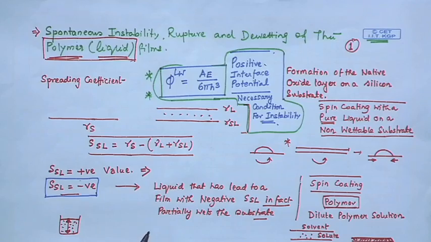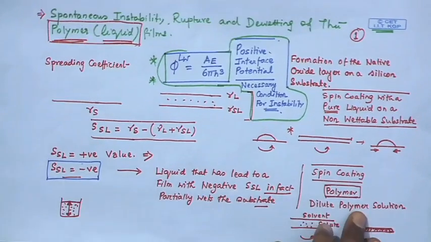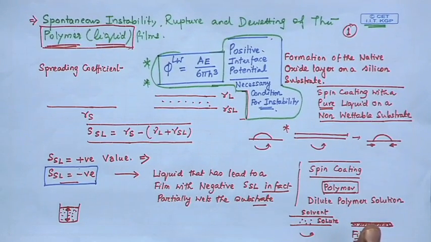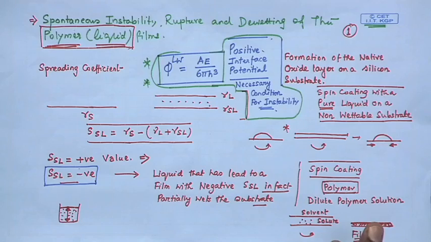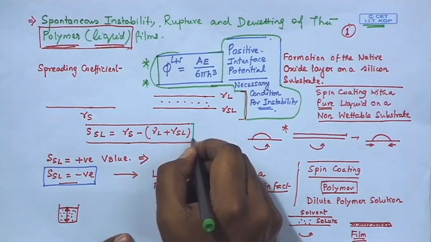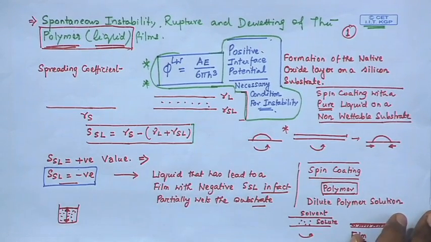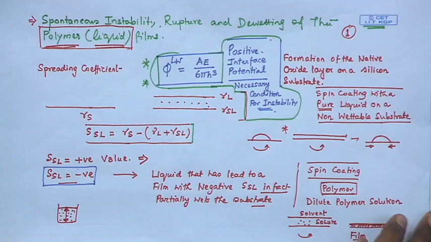While I discussed stability and instability at this level, I tried to explain it only in terms of spreading coefficient. What I emphasized is that if the spreading coefficient is positive, that means by coating the film you have in fact reduced the total surface energy. Therefore, the film is unconditionally stable.